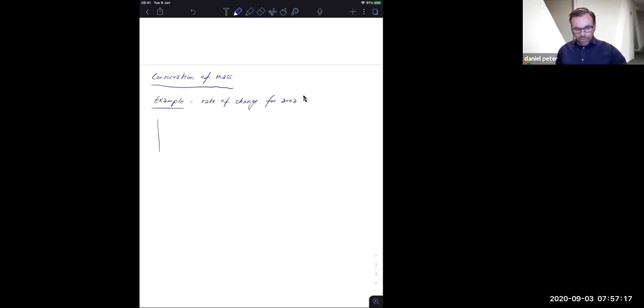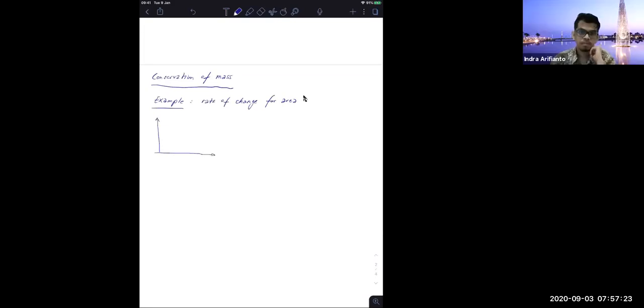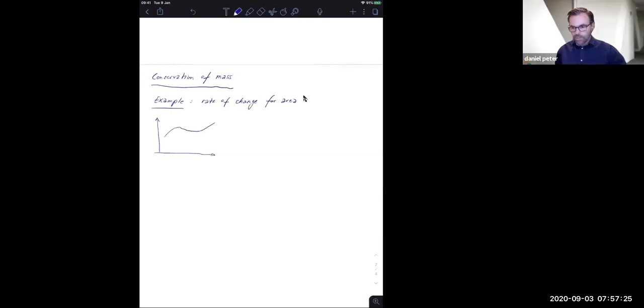In order to make a little picture for that, let's have some function f, which can be a function of position and time, x and t. Let's say this is x, and this would be y, which is f of x and t. And then a start and end position.